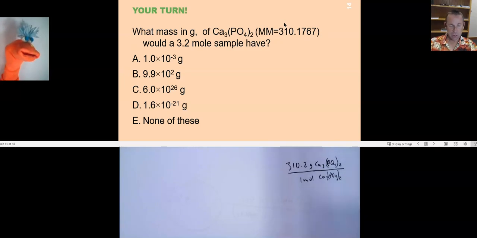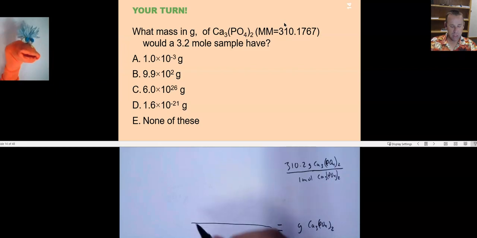Then what? Well, what do I want to the right of my equal sign? What units am I after? Mass in grams. That's right, I want grams of calcium phosphate. And I start with what? Moles. Yeah, I start with 3.2 moles. If I have 3.2 moles, I'm wondering how many grams that'll be. So 3.2 moles of the calcium phosphate.